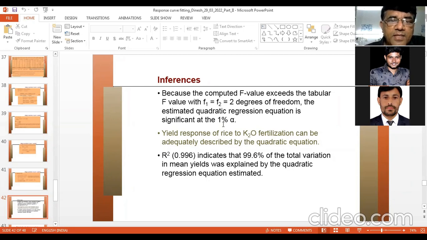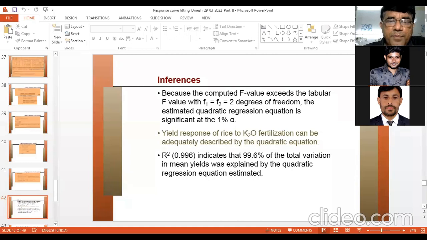So the inference is that yield response to rising K2 fertilization can be adequately explained by the quadratic equation. So here you will not get your linear equation significant. You can try yourself to fit the same data as linear data. You will find that the linear relationship would be non-significant in this case.